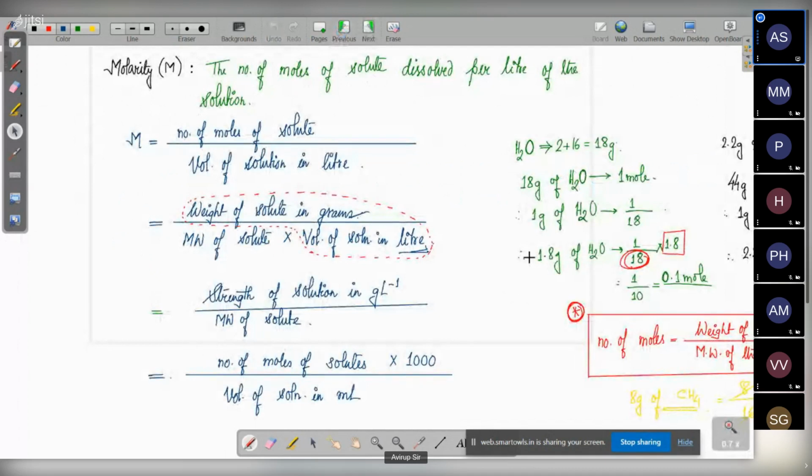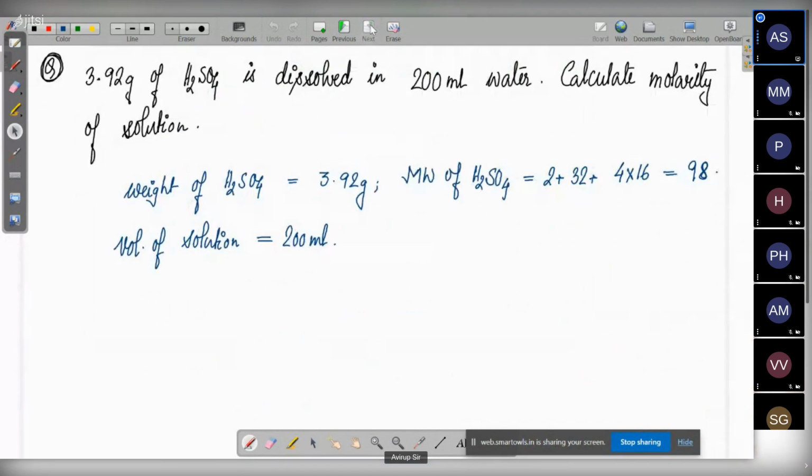Here weight is given, molecular weight is given, volume is given in milliliter. So which formula will you apply? The second formula, correct? So let us apply it.